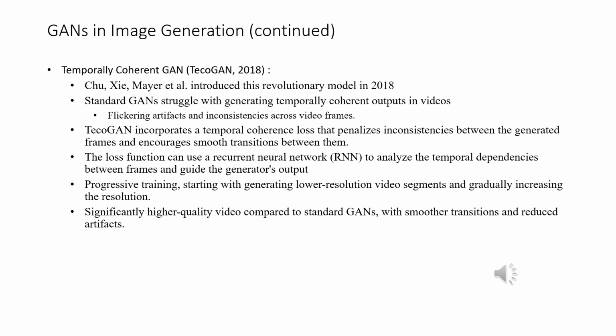The model's loss function can use a recurrent neural network, an RNN, to analyze the temporal dependencies between frames and guide the generator's outputs. The model is progressively trained, starting with generating low resolution video segments, gradually increasing the resolution. This model produces significantly higher quality video compared to standard GANs, with smoother transitions and reduced artifacts.